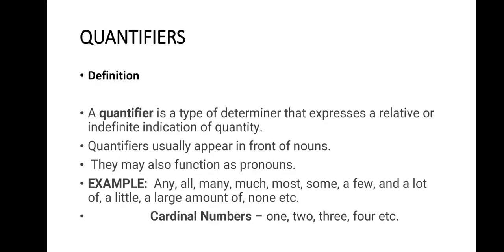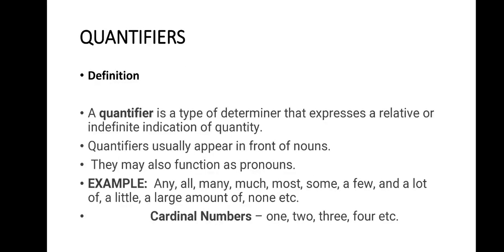Now come to the last one, cardinal numbers 1, 2, 3, 4, etc. That also we use as what? Quantifiers. Don't get confused. This is not first, second, third, or fourth. These are just cardinal numbers, numbers in their original form: 1, 2, 3, 4. One pen, two books, three pens, like that.